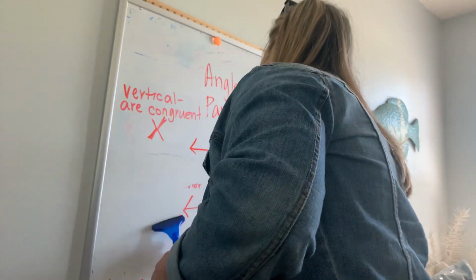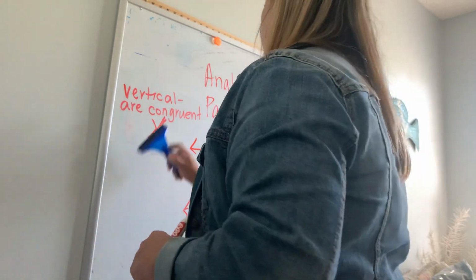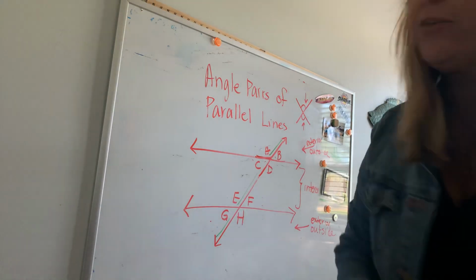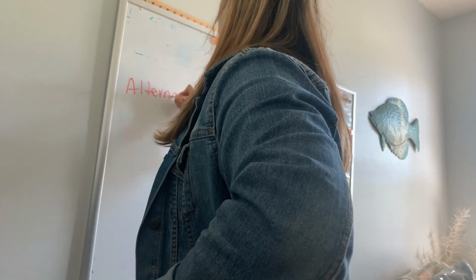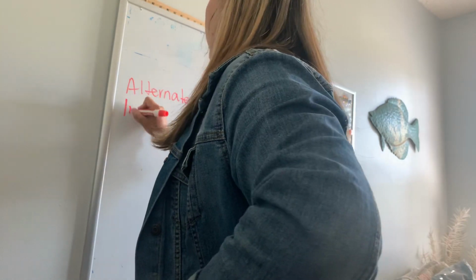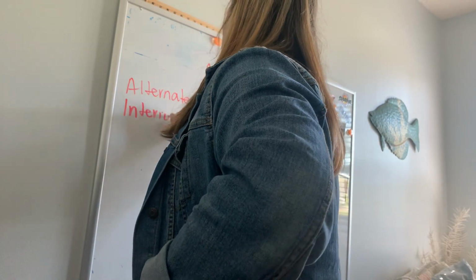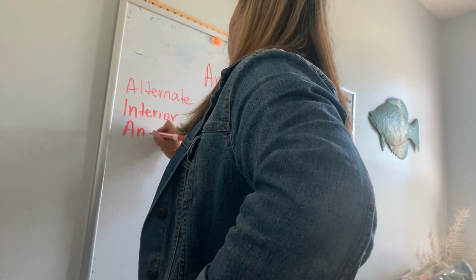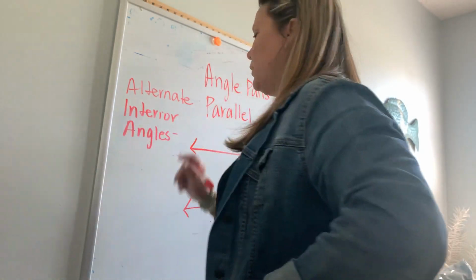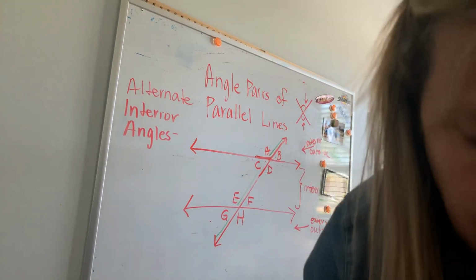So now we've learned about vertical. We've learned about corresponding. Now we are going to talk about alternate interior angles. So I'm going to read literally what it means and then I'll show you.